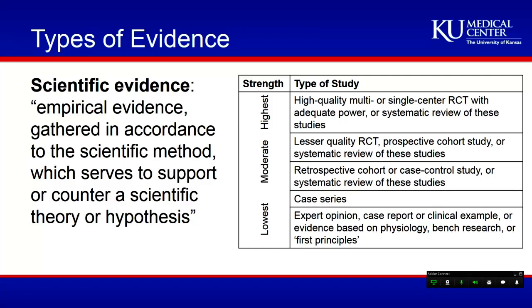As we move down the strength of evidence, obviously, not all randomized controlled trials are created equal, which is why it's always important that when we write up the results of a study, we are so clear in our methods that someone who wants to replicate it could do so without ever having to talk to us.